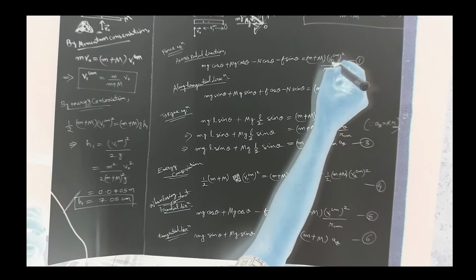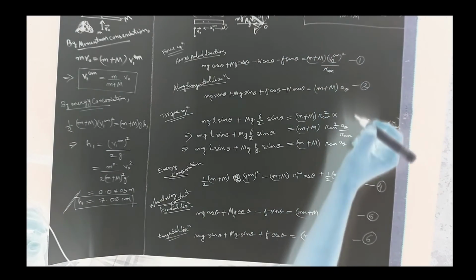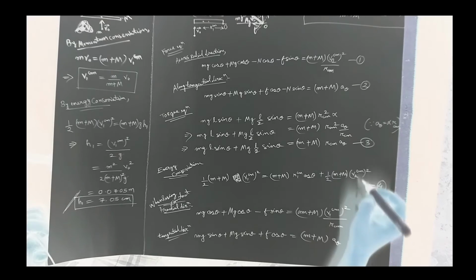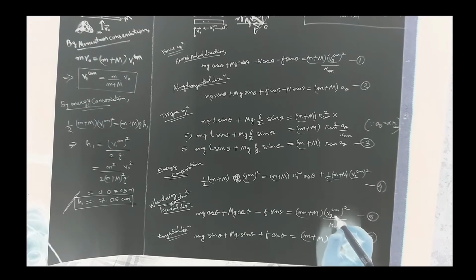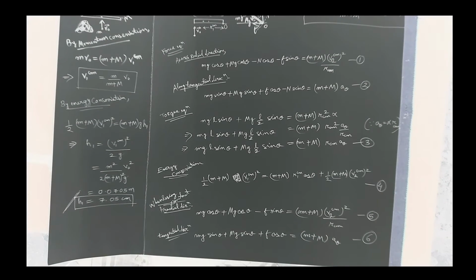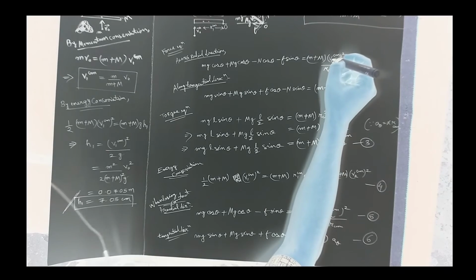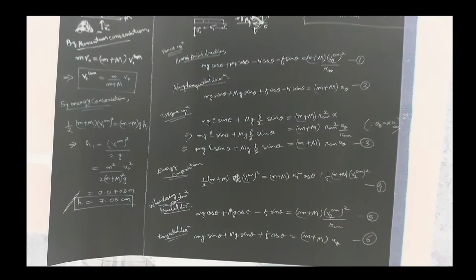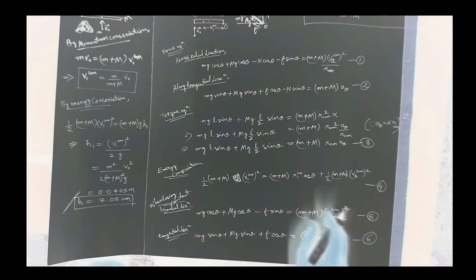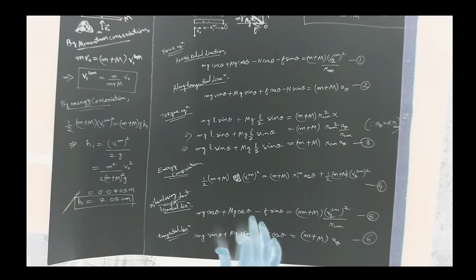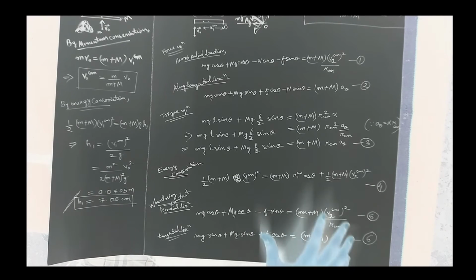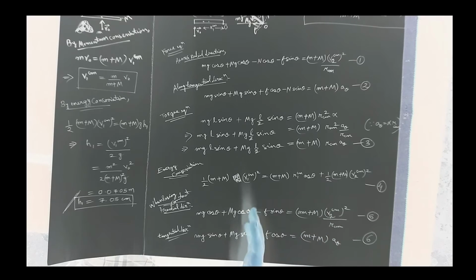But I want to know it at an instant theta, so I have taken it as v2 cm. This v2 cm square is the velocity of the center of mass at the time of losing contact, where the normal reaction becomes 0.